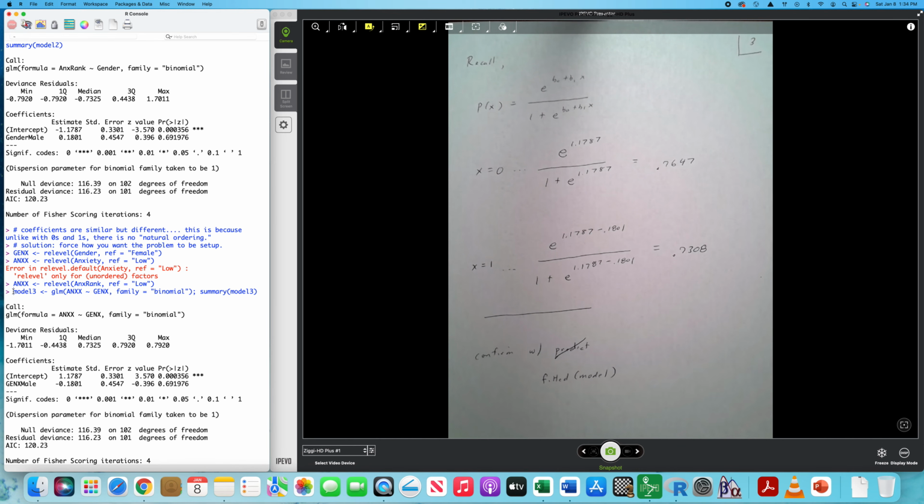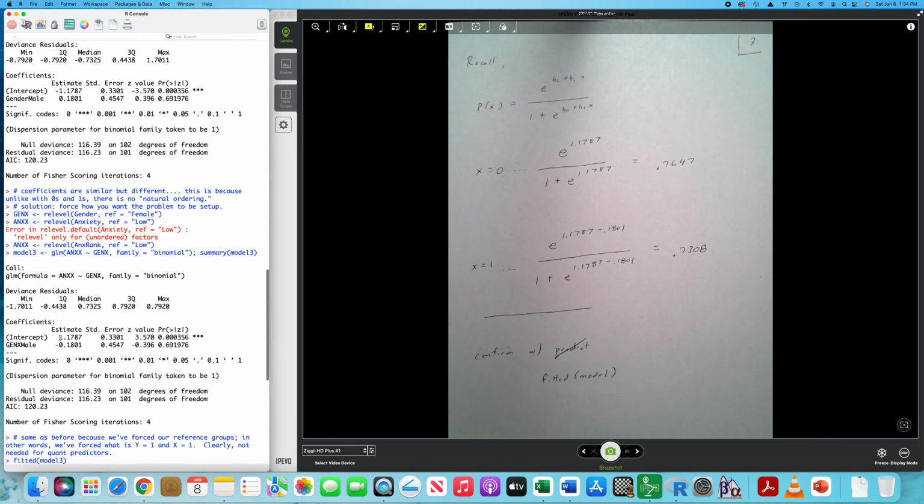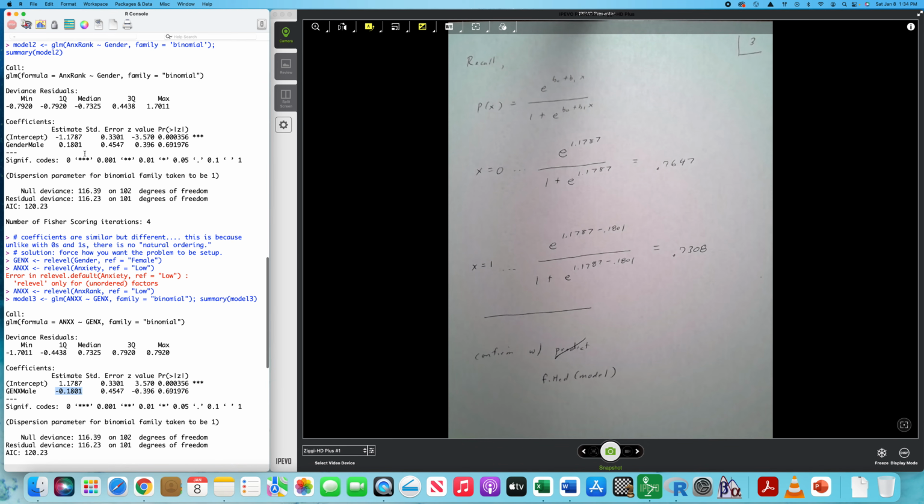Now, when I run my model, notice how I get the same estimates. So if you didn't become aware of this, and you start writing up your results, and you just assume that the base is, and it makes it clear here that male is coded 1 and female is coded 0.